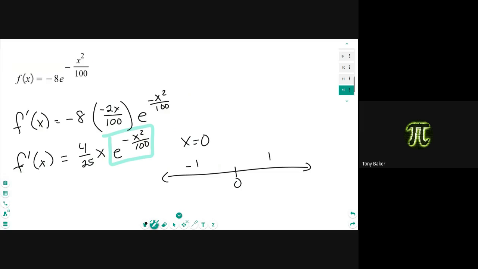So if I plug -1 into this, what am I going to get? A negative answer, right? 4/5 times -1 is negative. So it's going to be negative. And when I plug in positive, I'm going to get a positive. So I know it's decreasing on the negative side and increasing on the positive side.